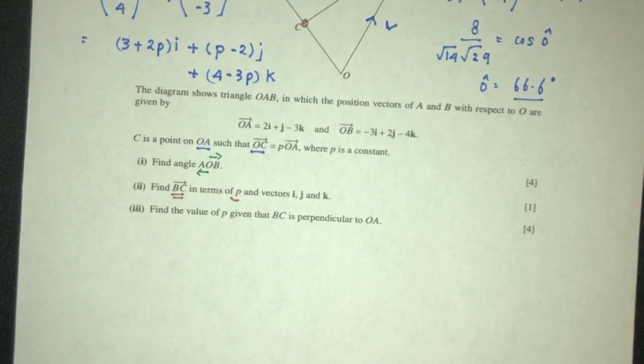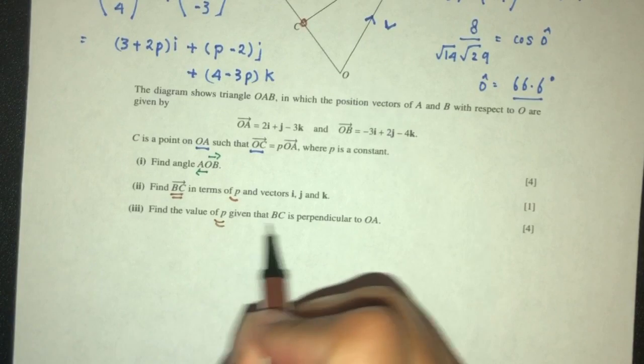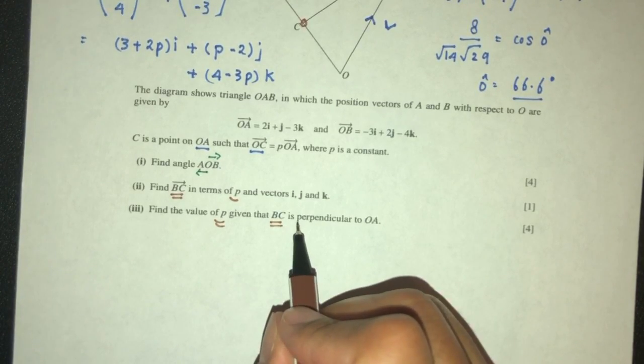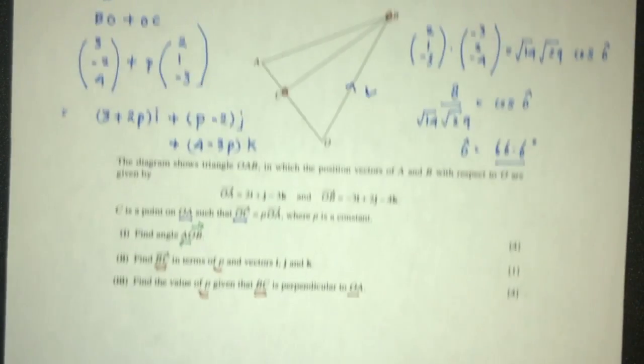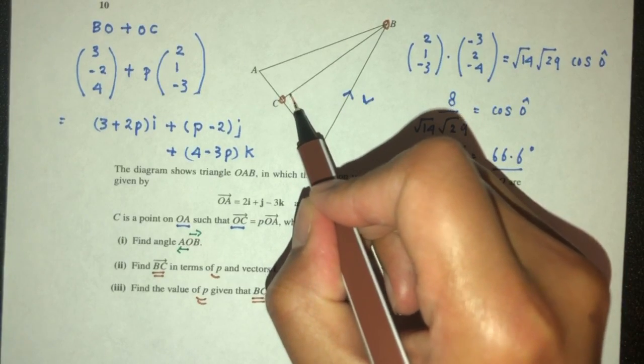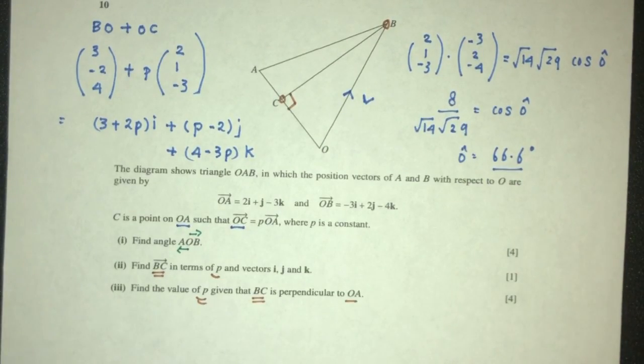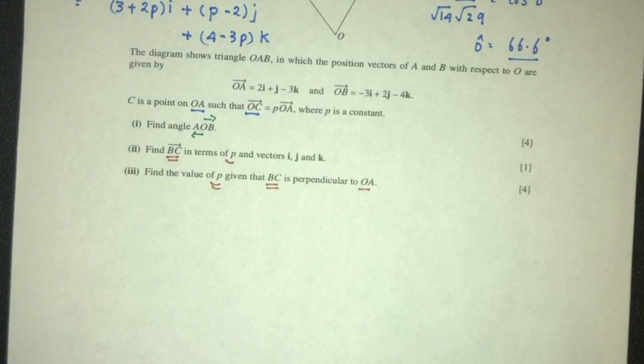Now, for part 3, we have to find the value of P for which BC is perpendicular to OA. So BC is at 90 degrees to OA. Pretty easy. If it is 90 degrees, it means the scalar product will be 0.